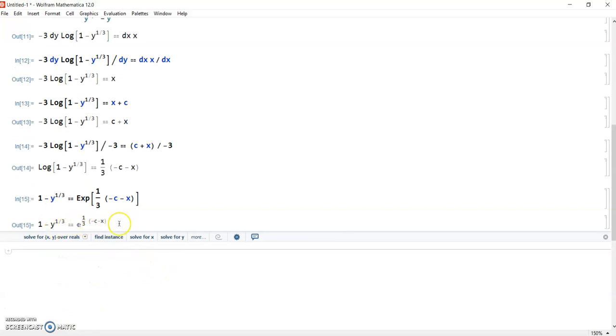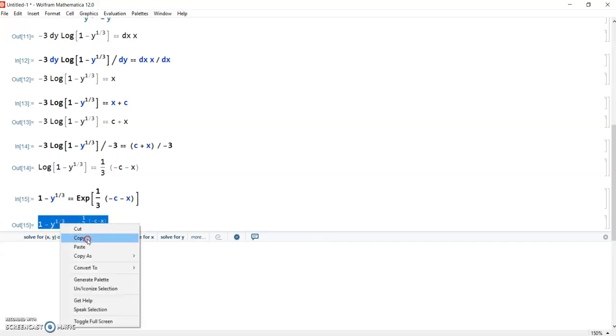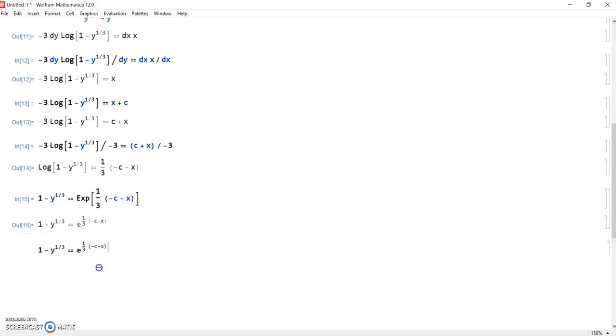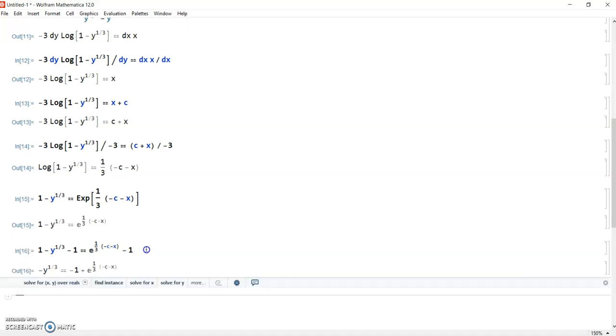And now I can further simplify it. For further simplification, I can subtract -1 from here and subtract 1 from here and there. So execute again, and it will be this.